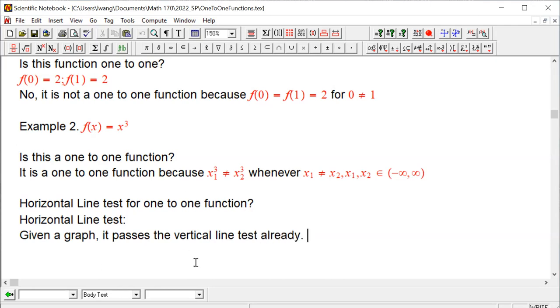Okay, if it passes the vertical line test already, then we go on to the horizontal line test. So we're going to draw a horizontal line arbitrarily.